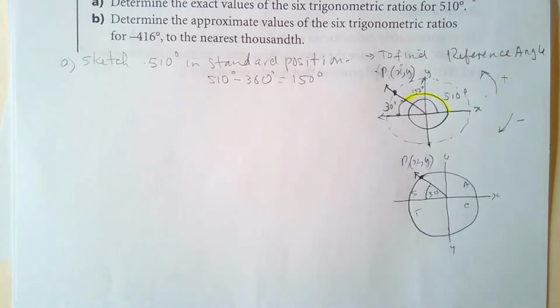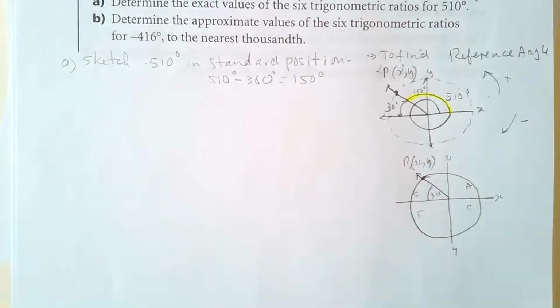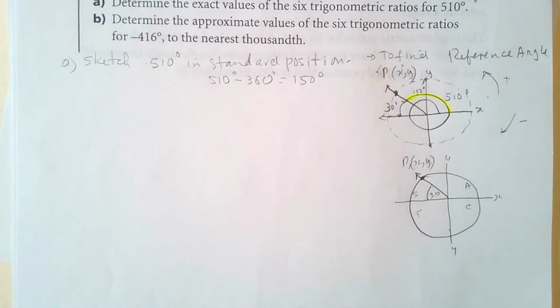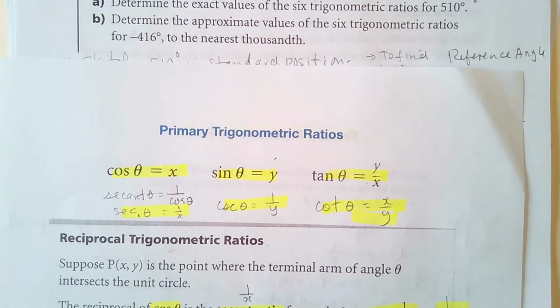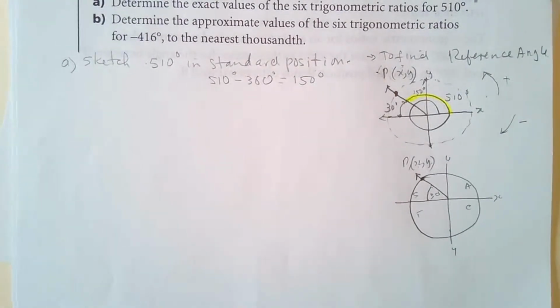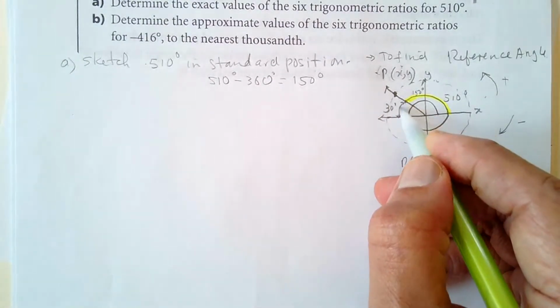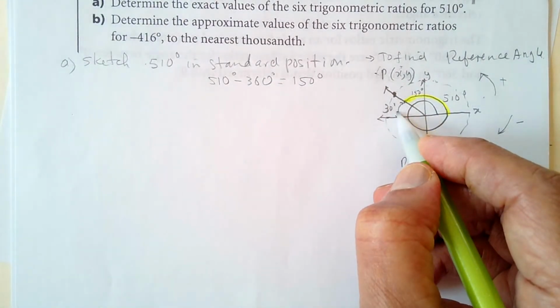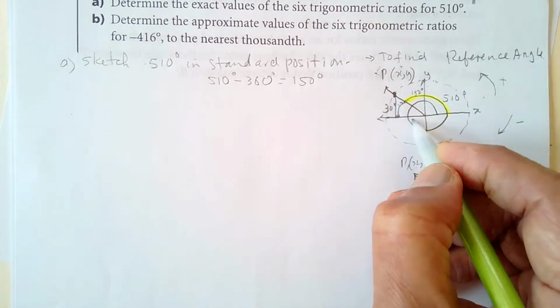So let's go back to our trig ratios. Remember, we said that cos, let's look back here, back to our trig ratios that we established earlier. These are our trig ratios, x equal to cos, etc. So now we're going to use the 30 degrees here. We're going to find our x, and this is a y.